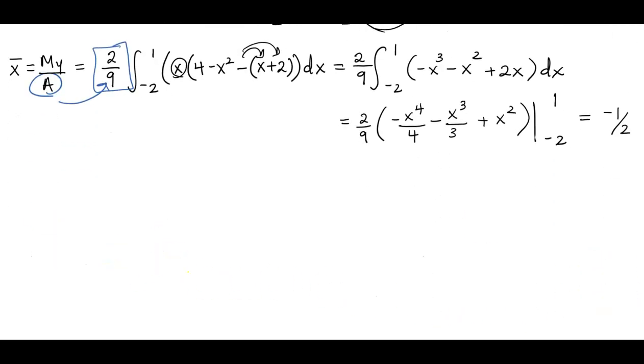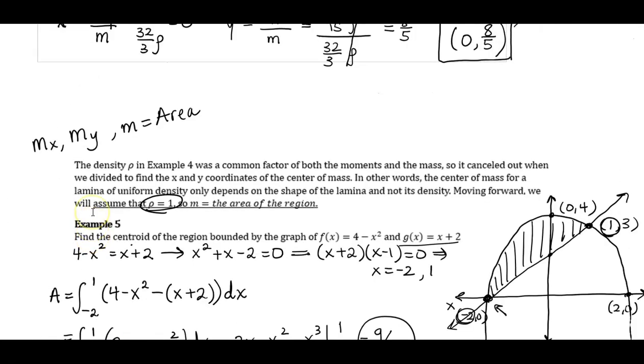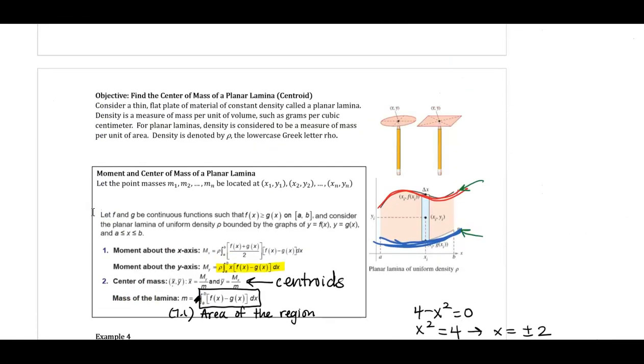Now I will go on to calculate the y-coordinate for the center of mass in a similar manner. I'm going to calculate the moment about the x-axis, and I'm going to divide that by A. Since I'm dividing by A, I will be multiplying by 2/9. The limits of integration are the same, and to calculate the moment about the x-axis, we are now using this formula here that I am highlighting in blue.